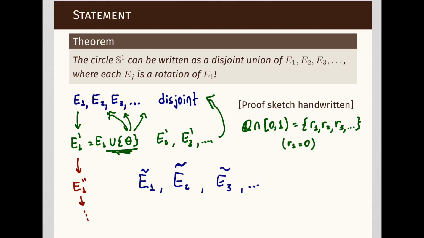This property is never violated, and now they became finally big enough so that their union is the entire circle. So this is a sketch of the proof, and it's a sketch exactly because we are not explaining properly this process of making it larger and larger until in some very far away future we get a set that can no longer be increased.